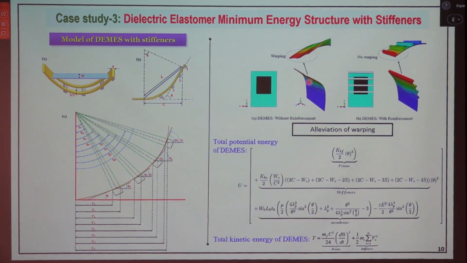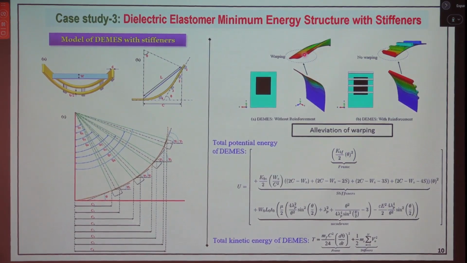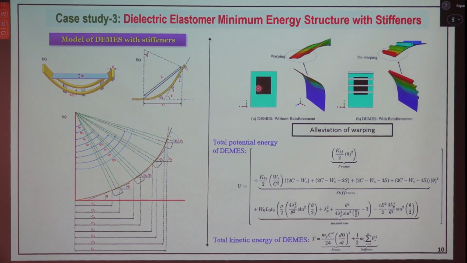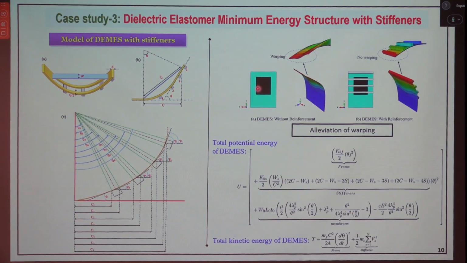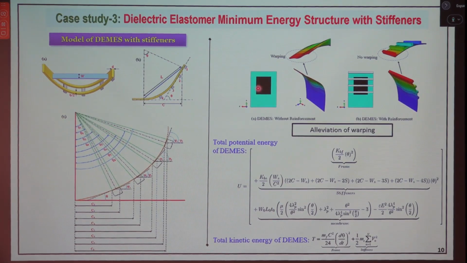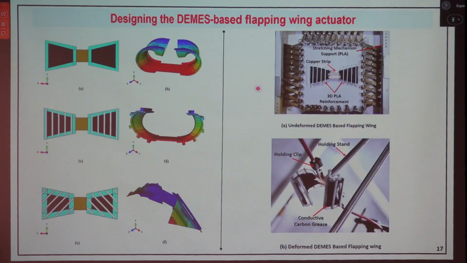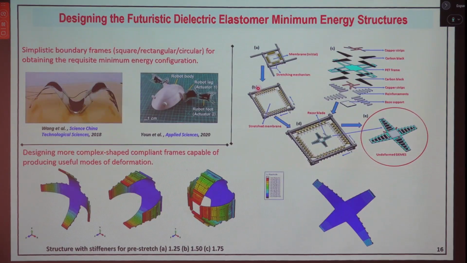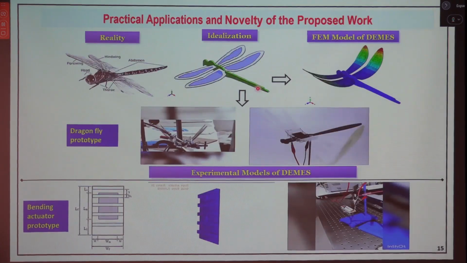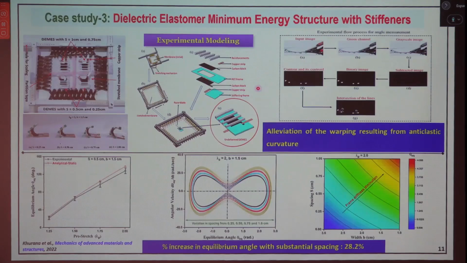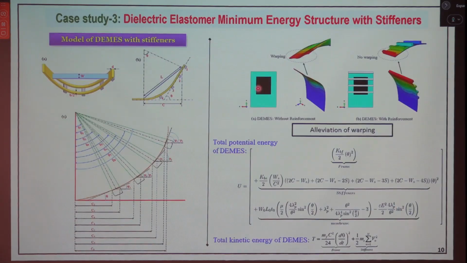So when we release that structure, what we observed at the tip is that some out of plane deformation is also there. That out of plane deformation is called warping. Okay, I have shown you a finite element simulation here, but actually when we also carried out the experiment, when we are not considering that, we observed a significant warping here.